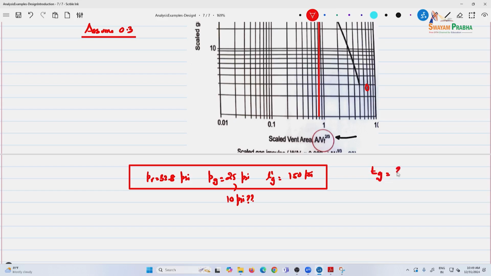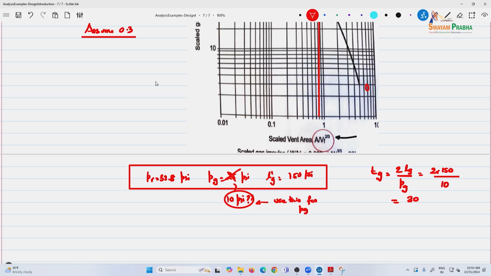Tg is 2Ig divided by Pg, so 2 times 150 divided by, let's go with 10 because it's way off the charts. So use this for Pg. If I divide by 10, 300 by 10 is basically 30 milliseconds.